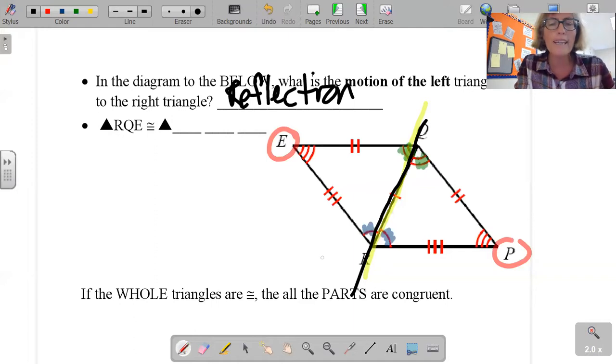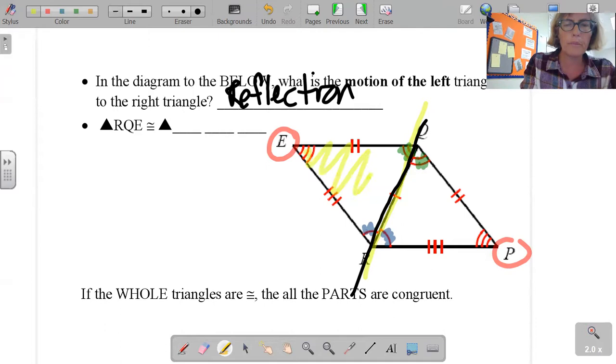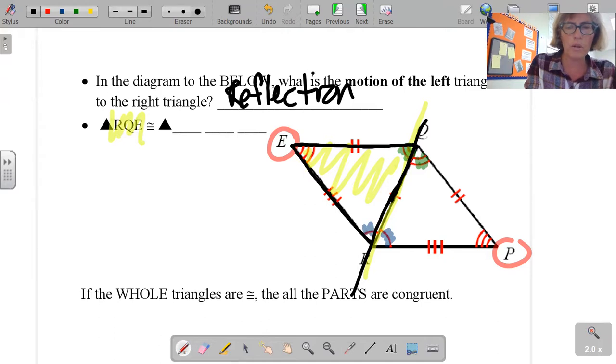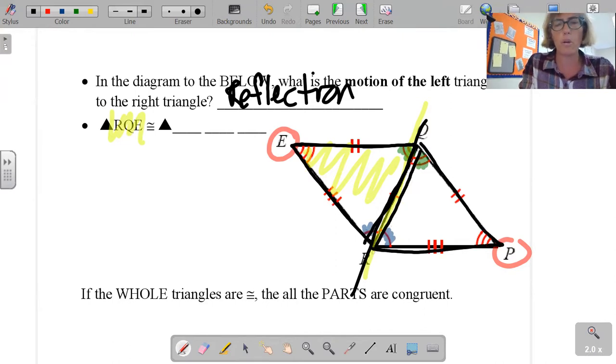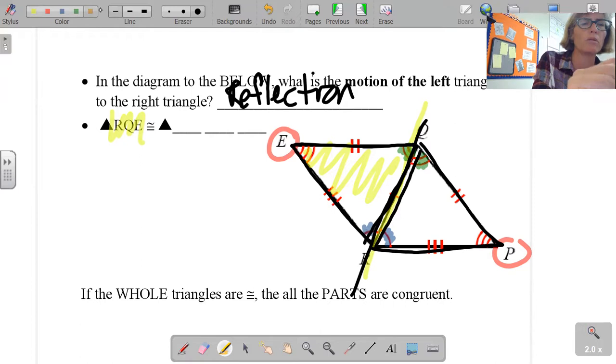So R, E, Q. That's the left-hand side here. REQ, single, triple, double, must match RPQ, single. Oh, wait a minute. Hang on. RQE. I got that backwards. Let me do this.